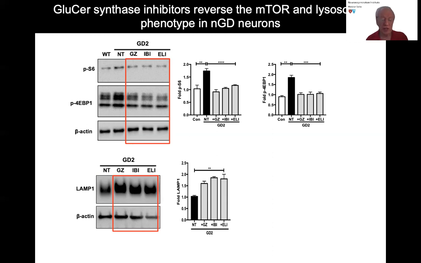for type 3 Gaucher disease, but also for GBA1-associated Parkinson's disease, and this implies that a problem in GBA1-associated Parkinson's disease is an elevation of glucosphingolipids.